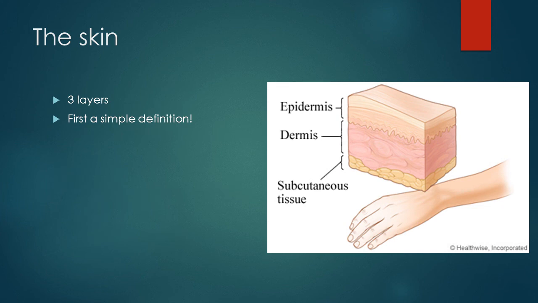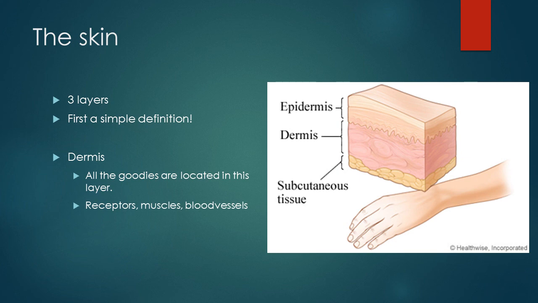The dermis is the skin layer where you can actually find all the parts of the skin where we go into detail. So I describe here all the goodies are located in this layer. Like receptors, muscles, blood vessels, hairs, hair follicles, but we'll get back to this in a second.